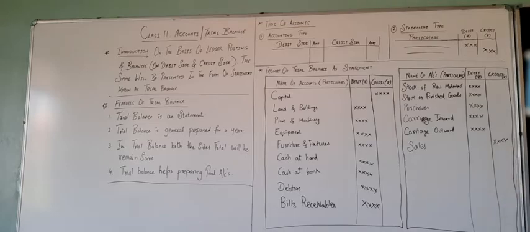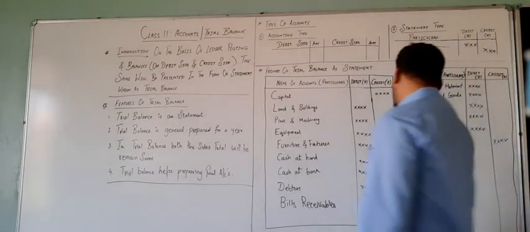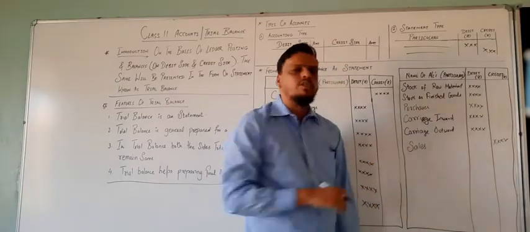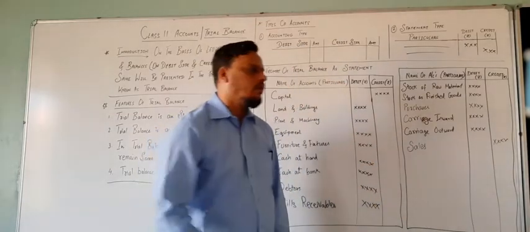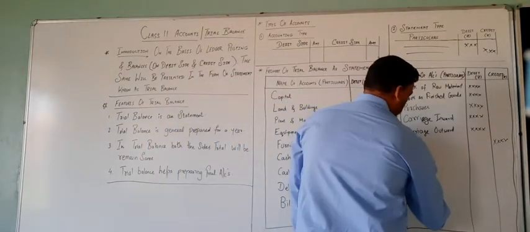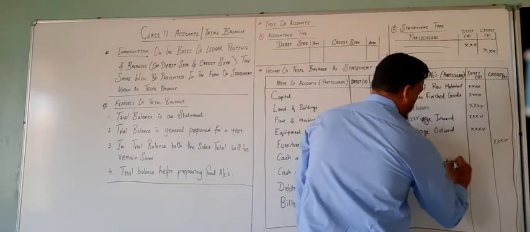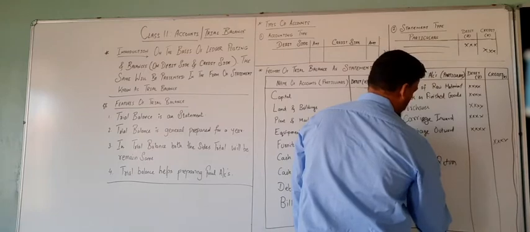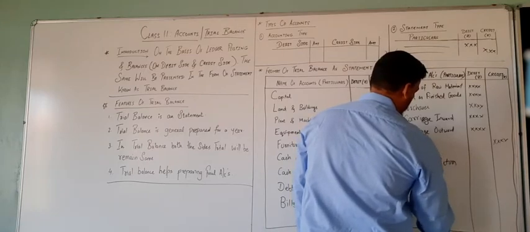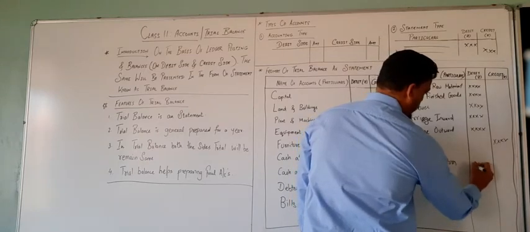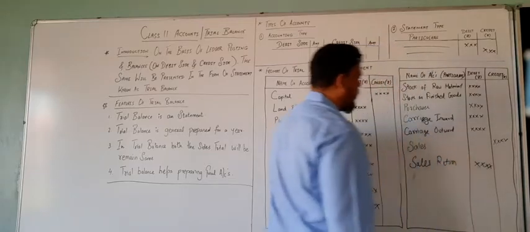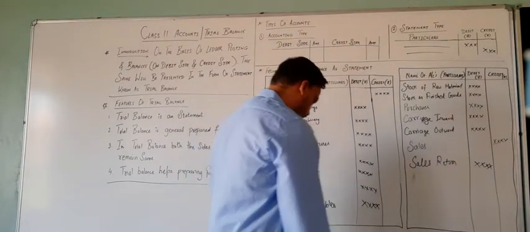The credit amount has to be mentioned over here. Then sales return, purchase return. Let's begin with the sales return. Amount will be on the debit side.